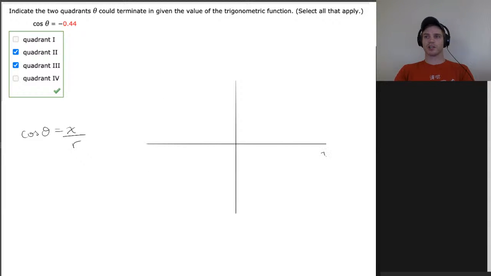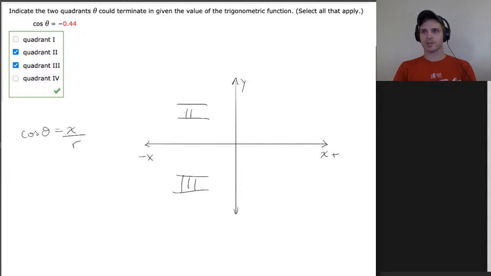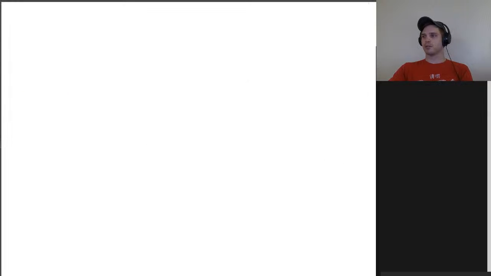In which quadrants is x negative? This isn't some trig thing you need to memorize. It's just how points are plotted on the rectangular coordinate plane. This is the positive side of the x-axis, and this is the negative side. So that means quadrants 2 and 3. Just a quick hitter, and those are like gimme points.